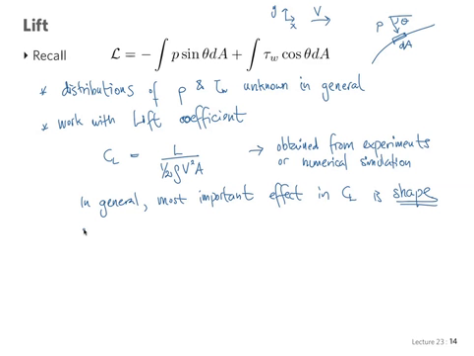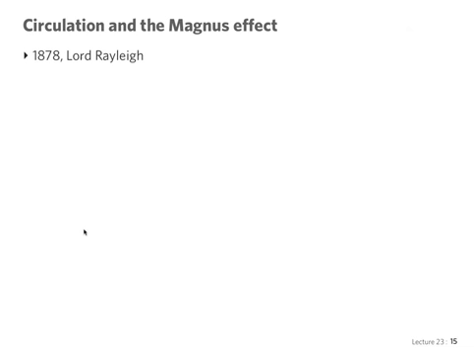Lord Rayleigh in 1878 studied the flow around the cylinder, and he observed that if the flow was exposed to a parallel uniform flow in ideal flow, so we're neglecting any effect of friction.